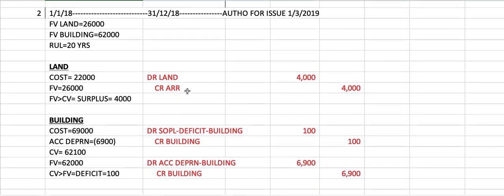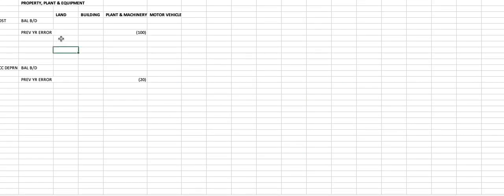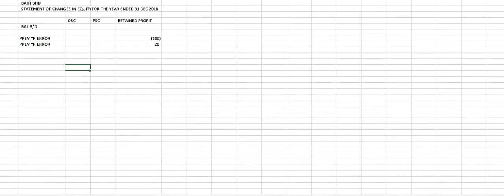Next is debit land, credit ARR. So add land and add ARR. So land you add here 4,000. Okay, so this is revaluation. And then you credit ARR.